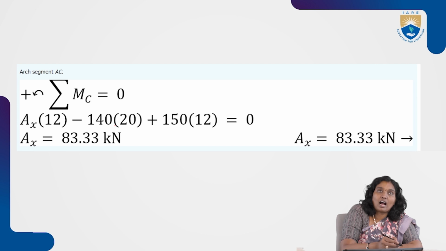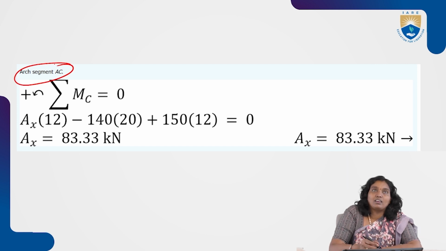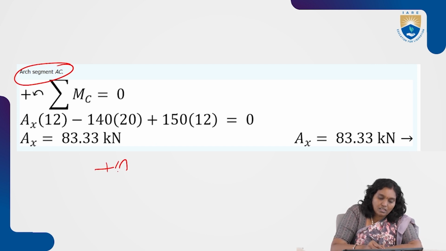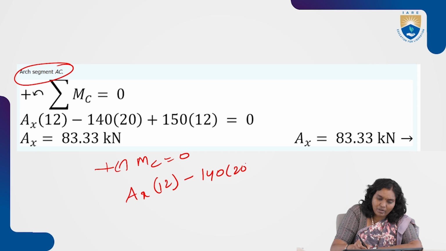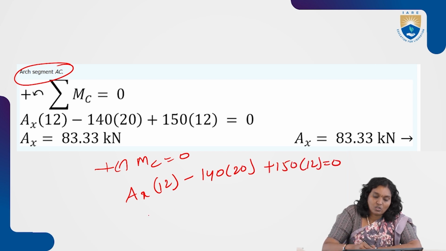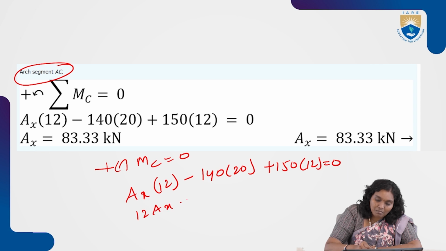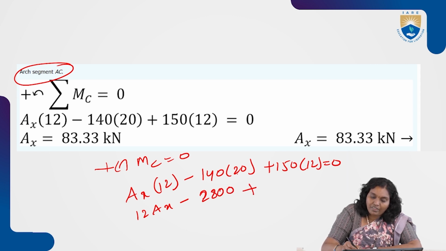For the arch portion AC, the moments at C are equal to 0. So Ax multiplied by 12 minus 40 multiplied by 20 plus 50 multiplied by 12 is equal to 0. So now 12Ax minus 800 plus 50 multiplied by 12 is equal to 0.